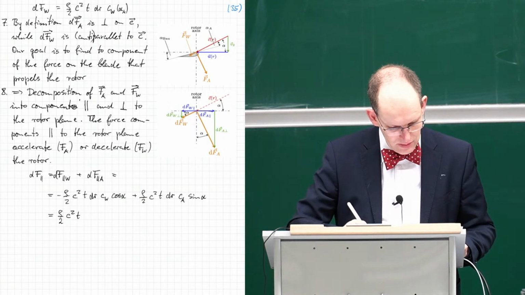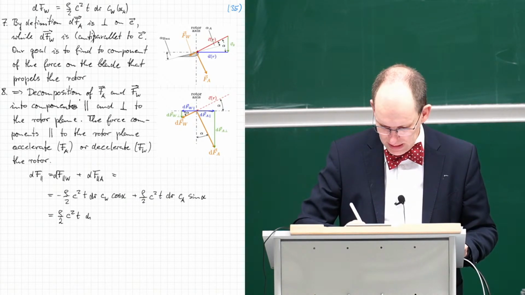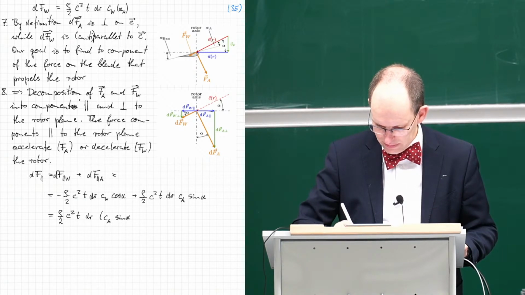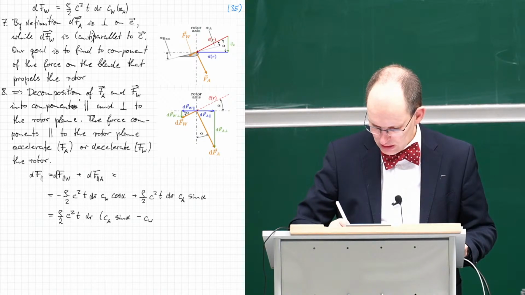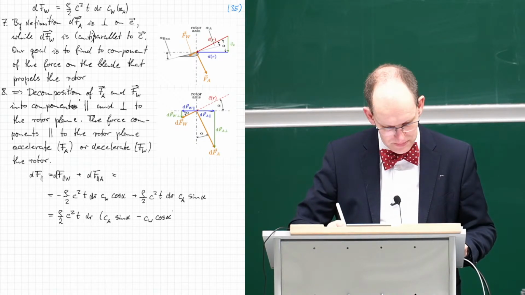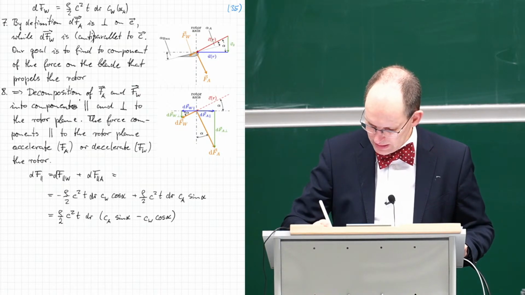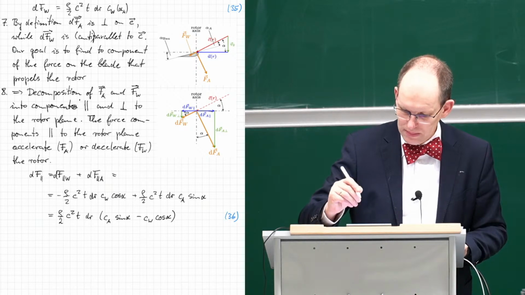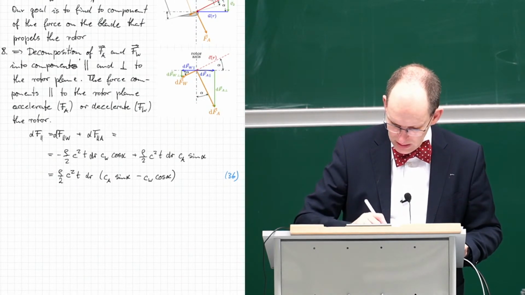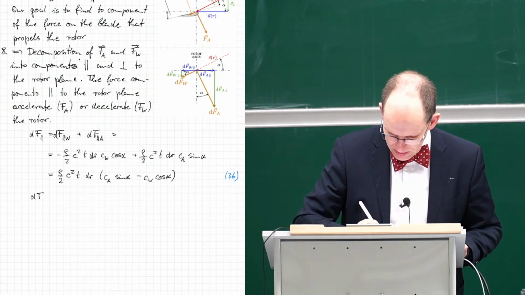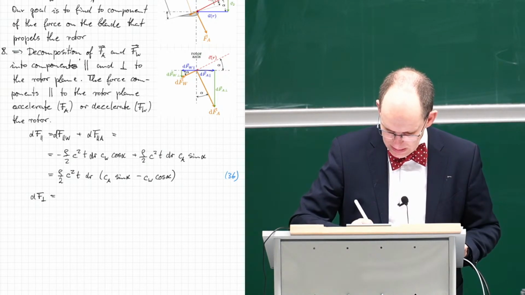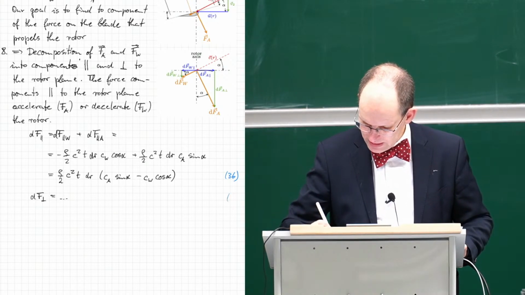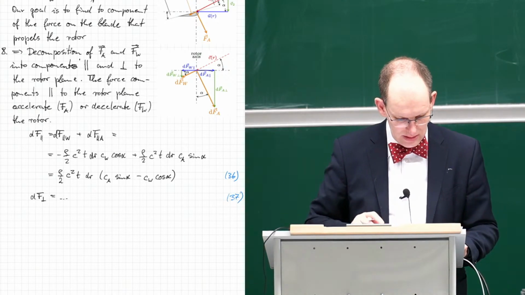So we have rho over 2 c squared t dr, and then the lift coefficient times sine alpha minus drag coefficient times cosine alpha. That's equation 36, and we can do the same thing for the perpendicular component, but this one is not so interesting actually, and therefore I don't really write it down. I just mention that it's there. Right?